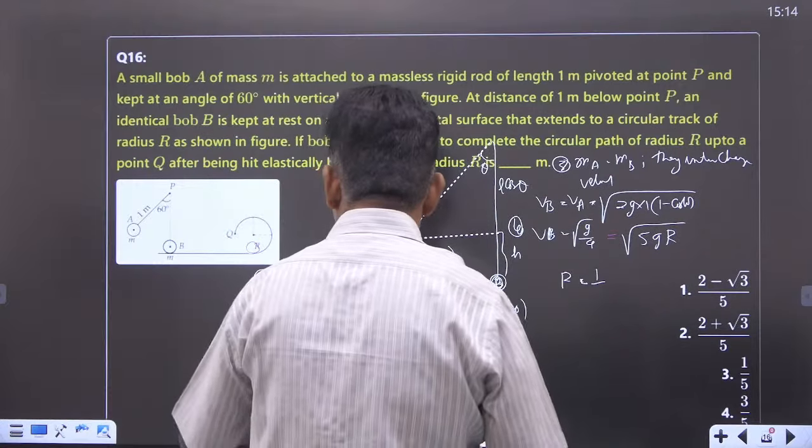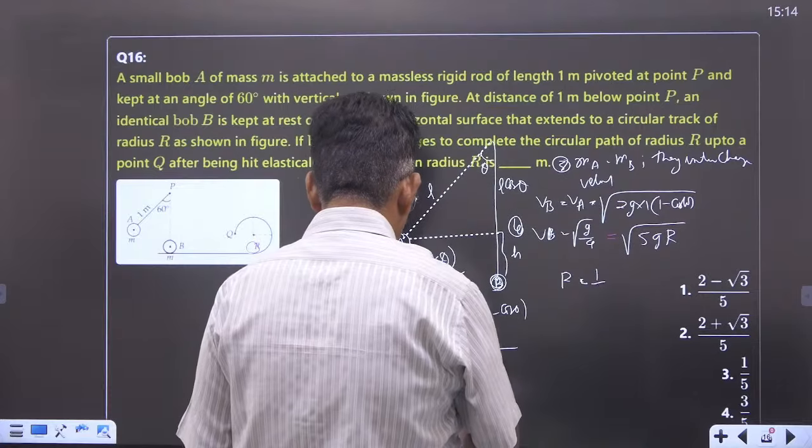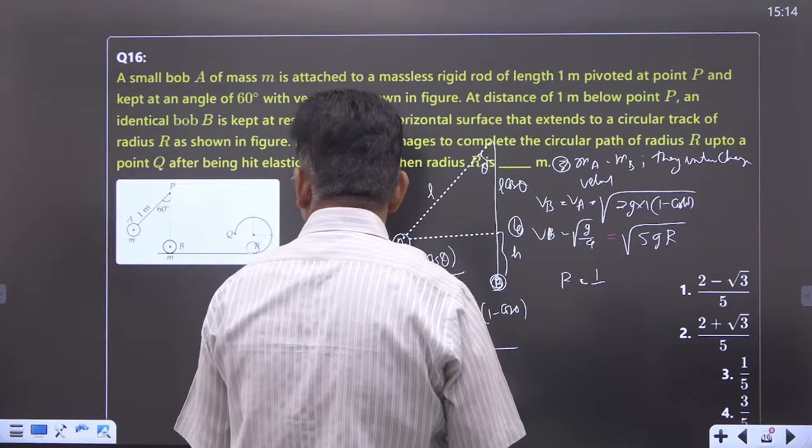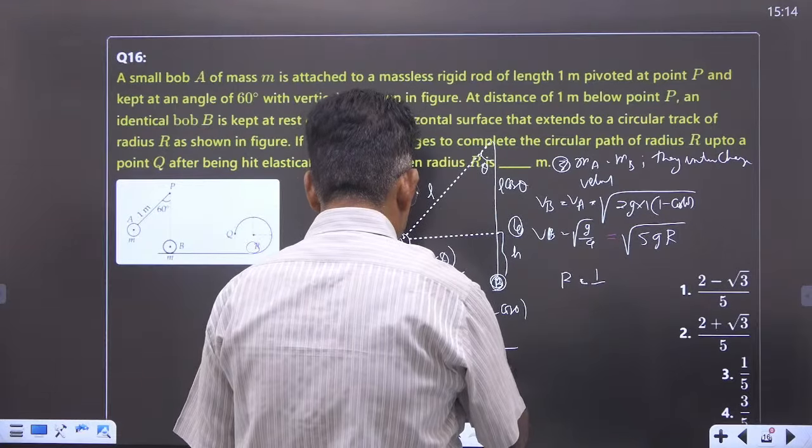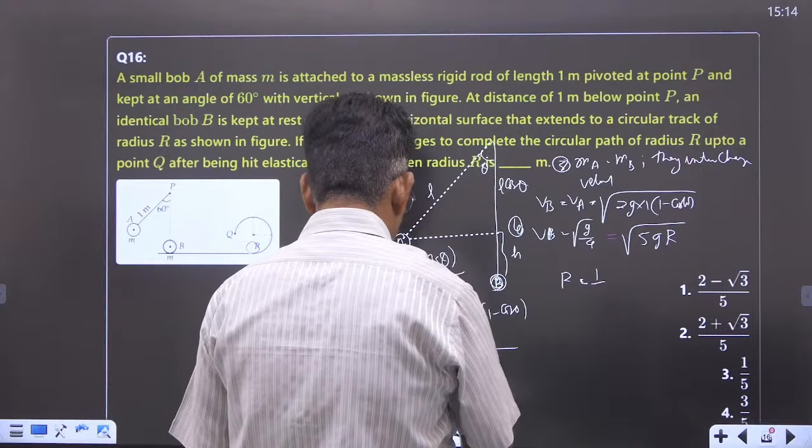B will have a velocity of root of 2GL into 1 minus cos theta. So everything clear? This is 1 minus cos theta is 1 minus 1 by 2, half.